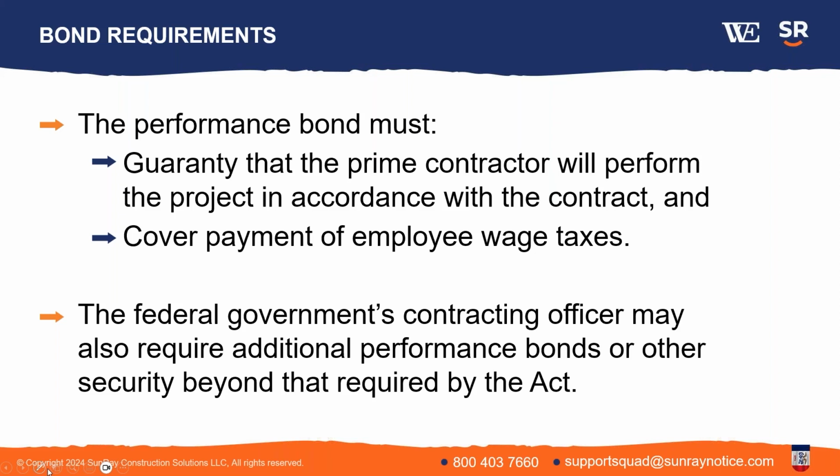The federal government contracting officer can require additional performance bonds or other security beyond that required by the act. Typically, depending on the specific agency you're dealing with, they will often have written policies that address those issues. So if you're on a specific project, you might take a look at what might be posted in their protocols for what additional bond requirements they might provide.